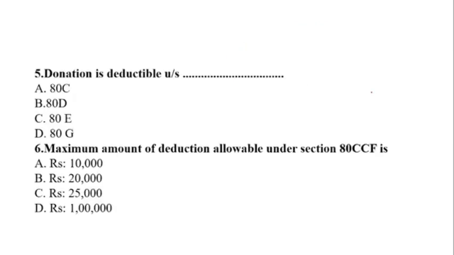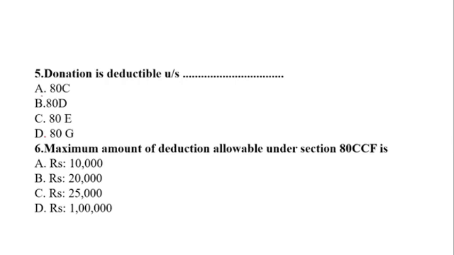Okay, now the next question, number 5: donation is deductible under section: option A 80C, option B 80D, option C 80E, and option D 80G. So what will be the answer?